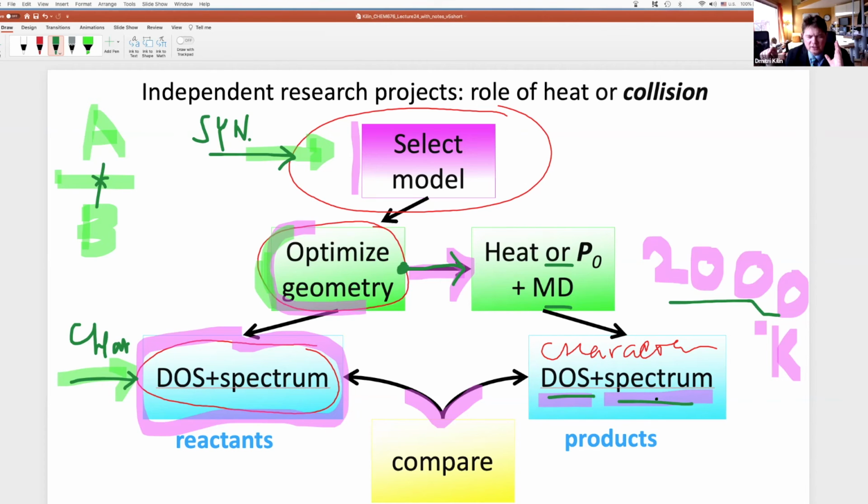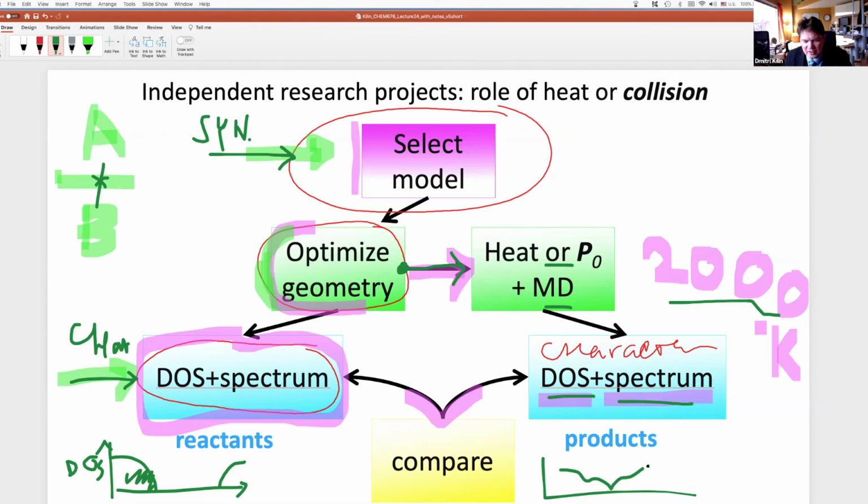For example, before the treatment it can be a wide open gap, and after heat treatment, it can close the gap completely. So it can convert from insulator to metal, or it can just perform catalysis and create new compounds.